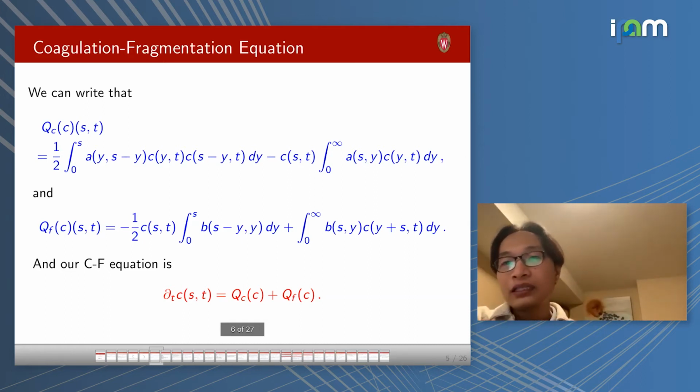And the coagulation-fragmentation equation is essentially the red one down at the bottom. I have C_t equal to Q_C plus Q_F. So that's the equation being written in this form, which is clear. This is surely the classical form of the equation.